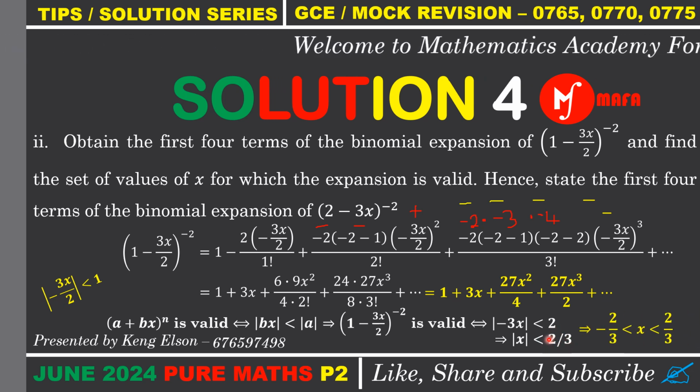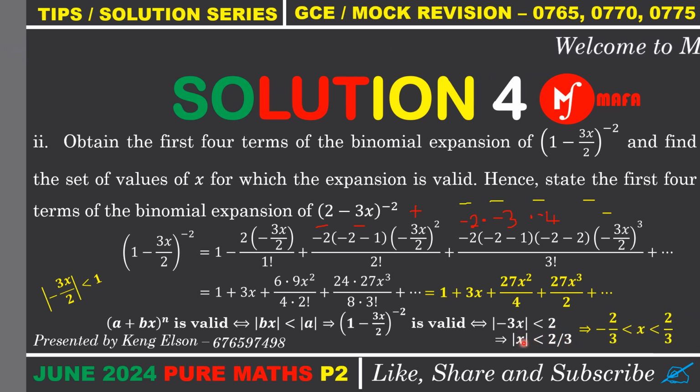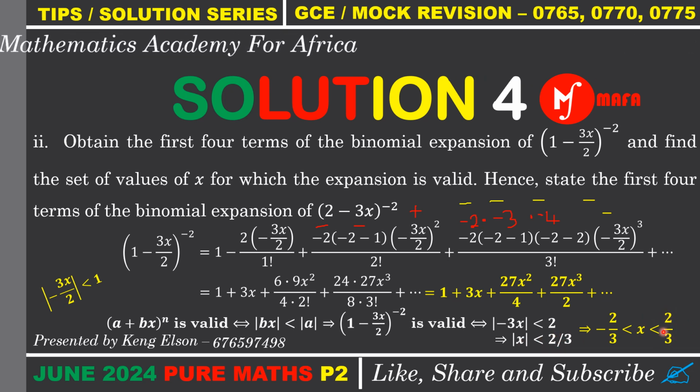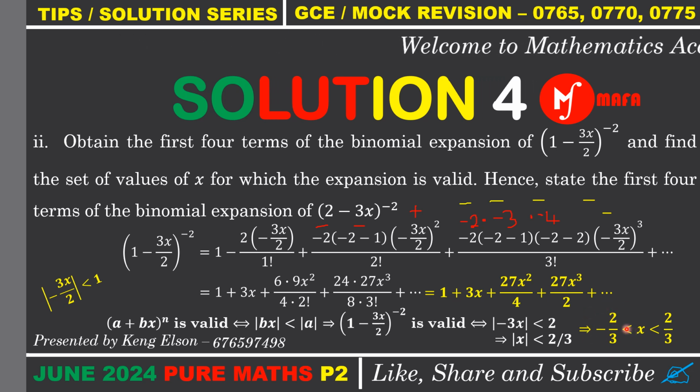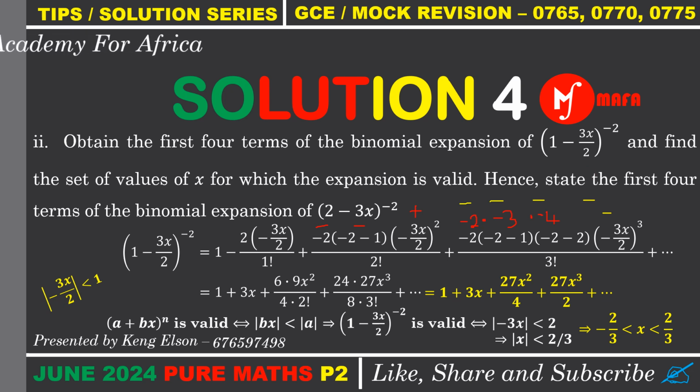What I'm saying is that your x, which is inside the absolute value, is between negative 2/3 and positive 2/3. That is a definition. Alright, so these are the set of values of x for which the binomial expansion of this quantity is always valid.